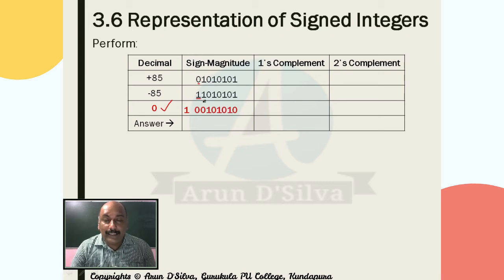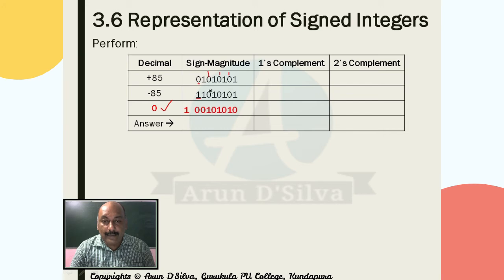I have taught you binary addition in the last session. So 1 plus 1, what do I get? 1 0: 0 I wrote, 1 went as a carry. Now the carry came, 1 plus 0 plus 0 becomes 1 itself. Next again, 1 plus 1 becomes 1 0: 1 goes as a carry, 0 we wrote here. Now 1 plus 0 plus 0 becomes 1. Again the same way, 1 plus 1 is 1 0, 0 I wrote, 1 went as a carry.